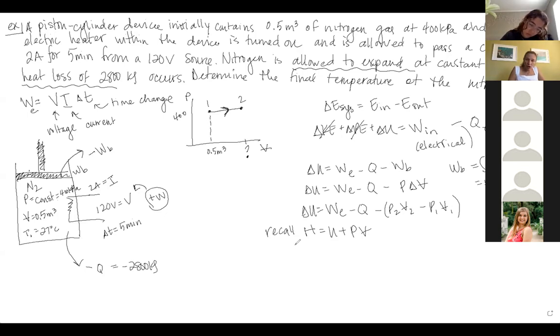I have our internal energy at point 2 plus our pressure at point 2 times our volume at point 2, minus our internal energy at point 1 plus pressure at point 1 times volume at point 1. And this is going to be equal to our electrical work minus our heat.